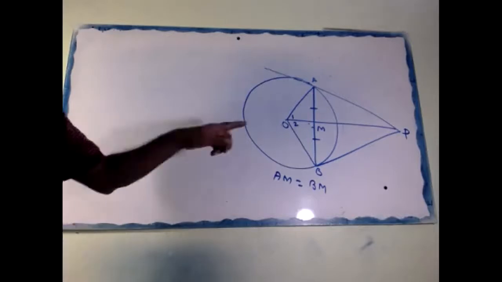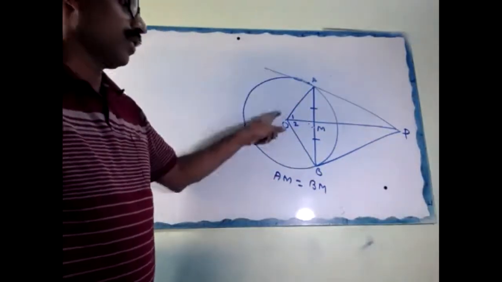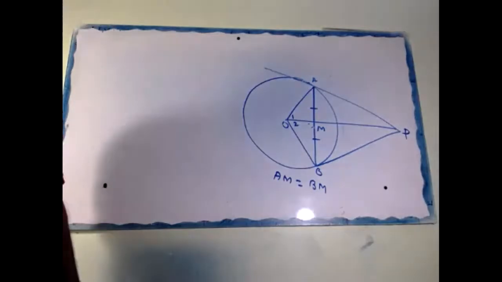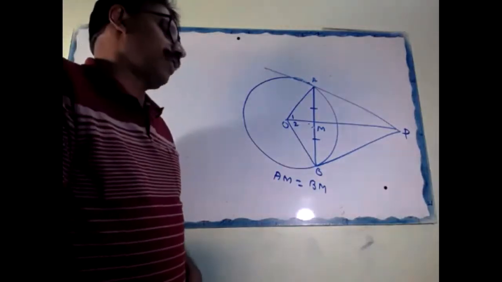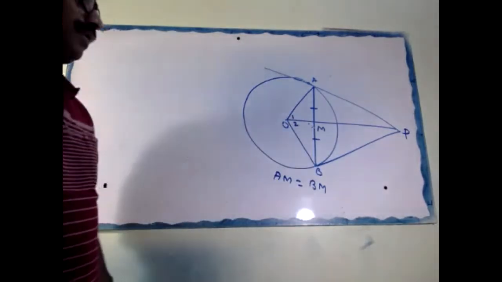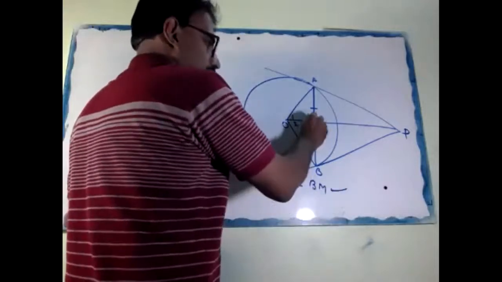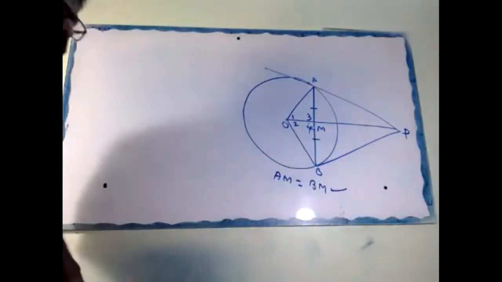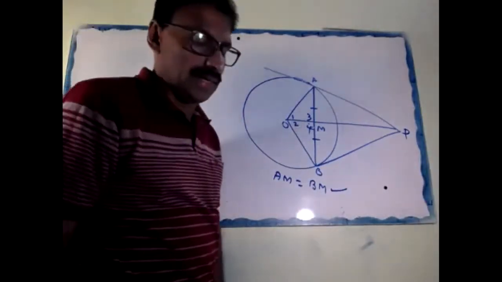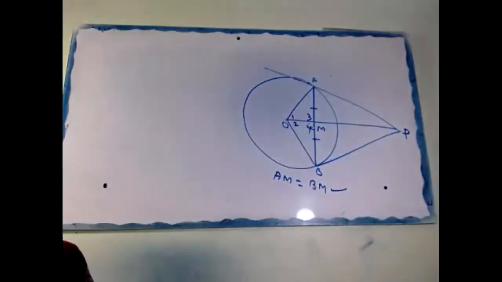In triangles OMA and OMB, OA equals OB, same radius. Angle 1 equals angle 2, proved. OM equals OM, common. Therefore AM equals MB, CPCT. Angle 3 equals angle 4, CPCT. But 3 plus 4 is 90 degrees. From 1, 2, 3 we get OP is the perpendicular bisector of AB.